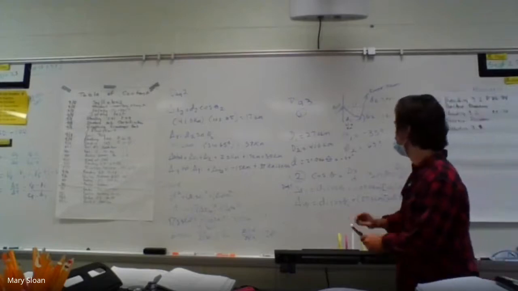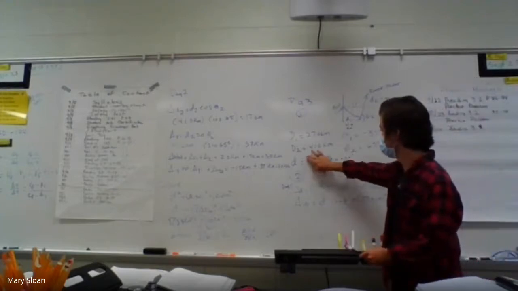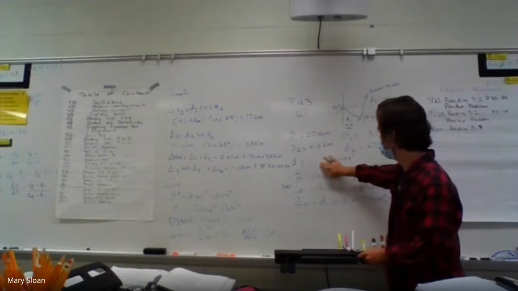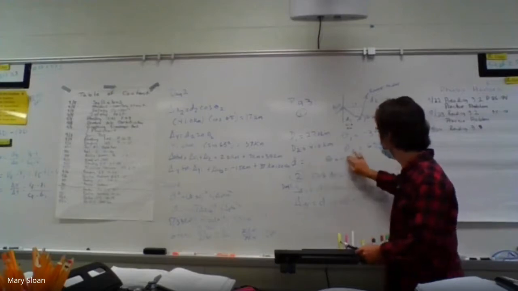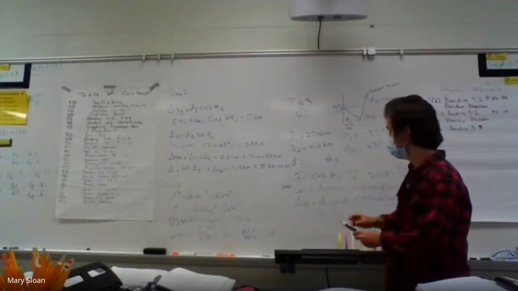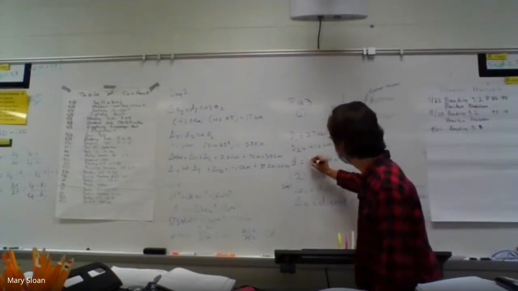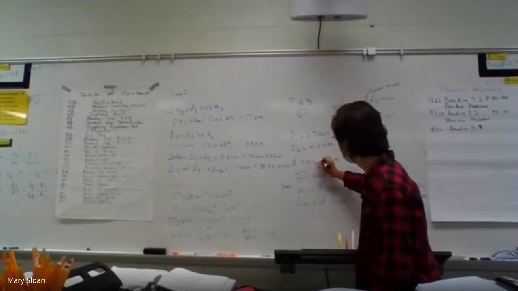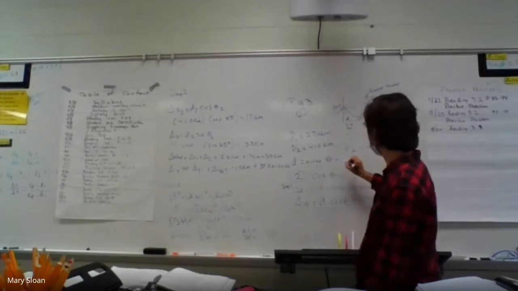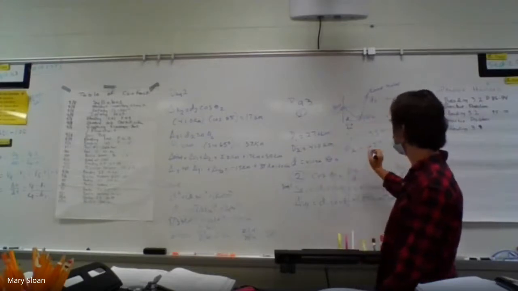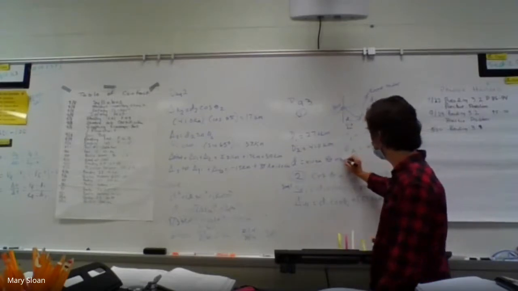Okay, for D2, you will put down 41.0 kilometers. And for your angle, you'll use angle 2, which is 65.